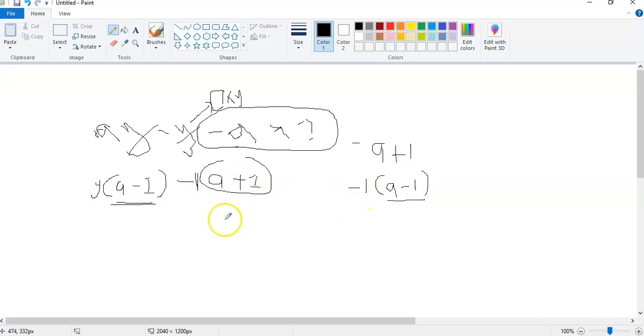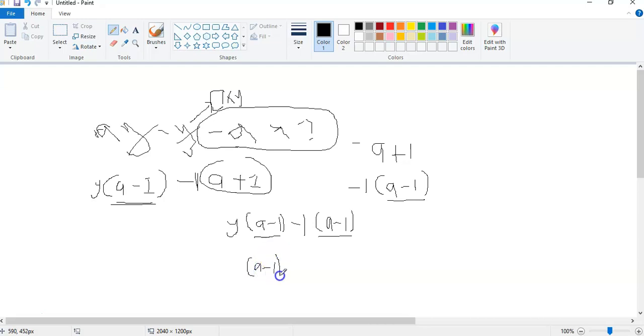Once we've gotten our Y into bracket A minus 1 and negative 1 into bracket A minus 1, this part is the same as this part, so we can write it down. So we have A minus 1.